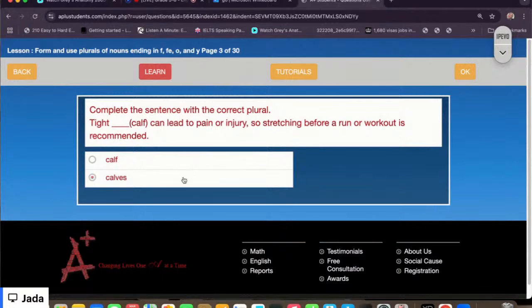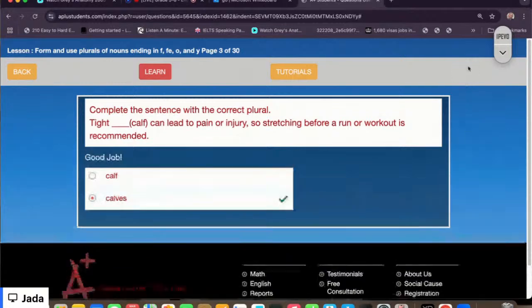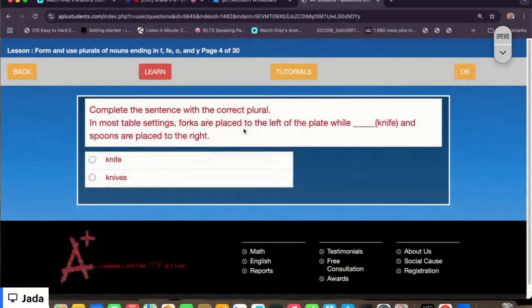Okay. In most table settings, forks are placed to the left of the plate while knife and spoons are placed to the right.